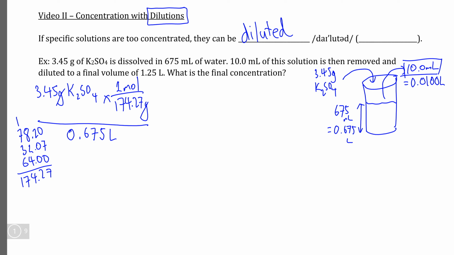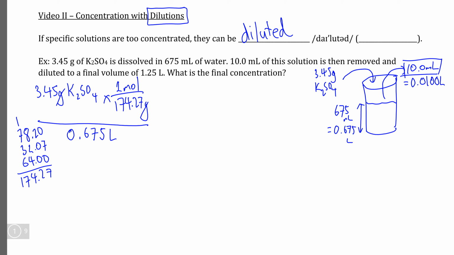What is not the same, because the volume is so small, is the number of moles of K2SO4 that we've removed. Remember, the two ways to dilute a solution are either by increasing the amount of solvent or decreasing the amount of solute. So what we need to find out is how many moles of K2SO4 we have removed from this 10 milliliters here.